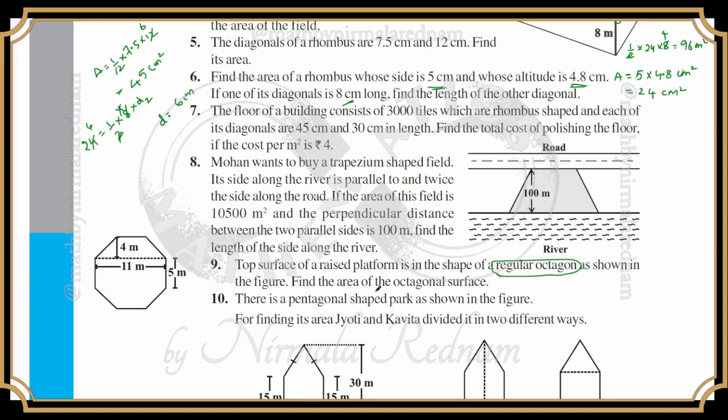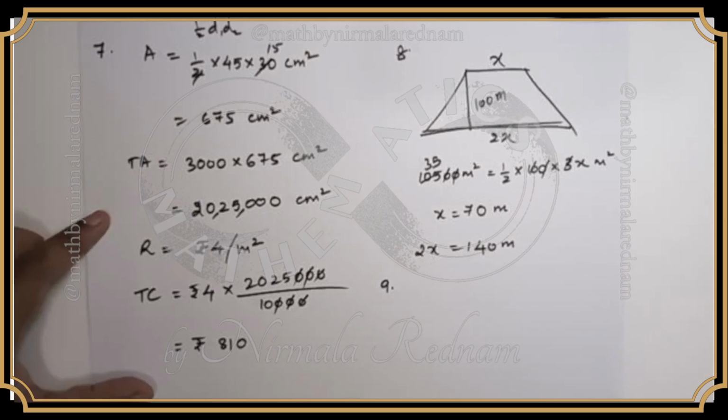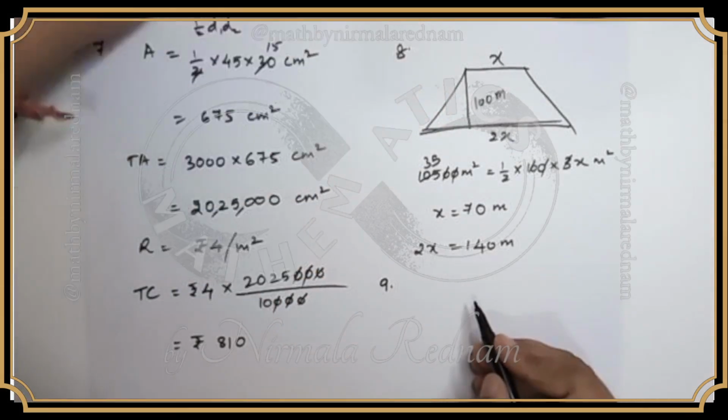Now they are asking us to find the area. Again, there is no fixed way to find the area, but you can find the area by segmenting it into known areas that you're already familiar with. So what are we going to do? Let us draw the figure. I have a octagon.